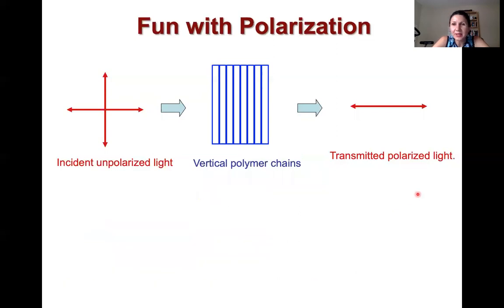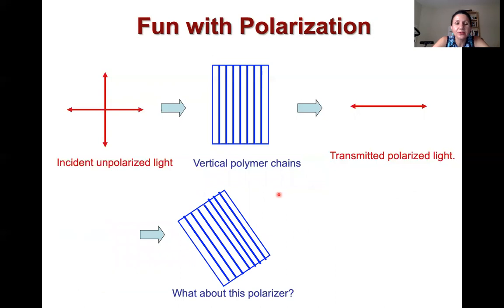Okay, but then there's something interesting that happens. Again, let's take polarized light and put it through this vertically oriented polarizer, and you get this horizontal light. Now, what happens, do you think, if we take another polarizer and orient it like this, let's say at a 45-degree angle? Well, our incident light is like this, but remember, it's a vector.